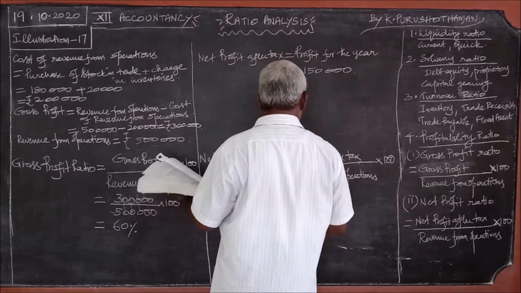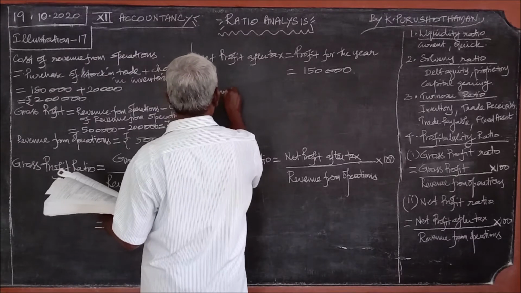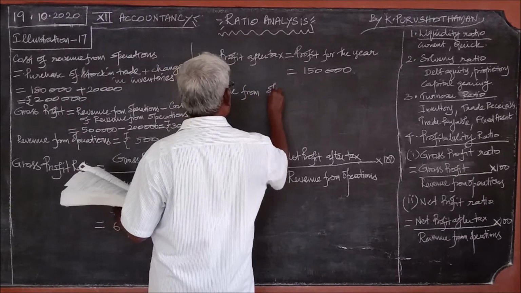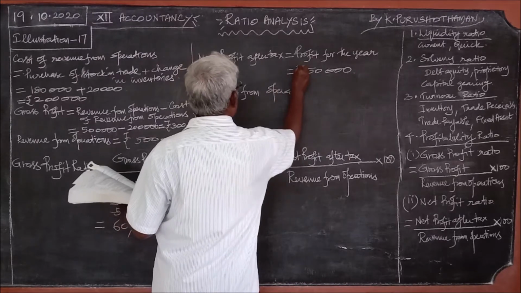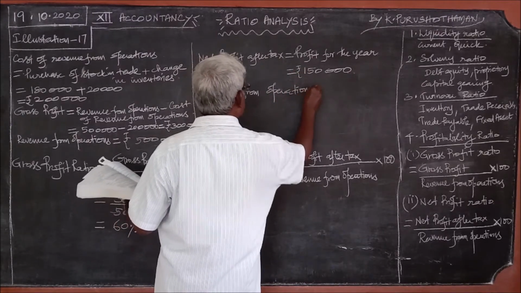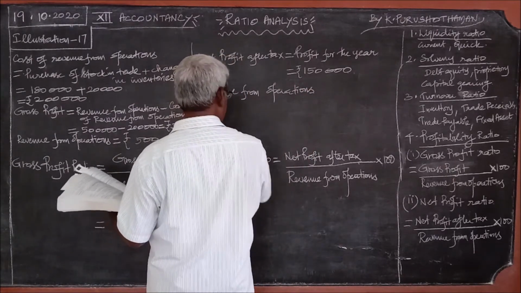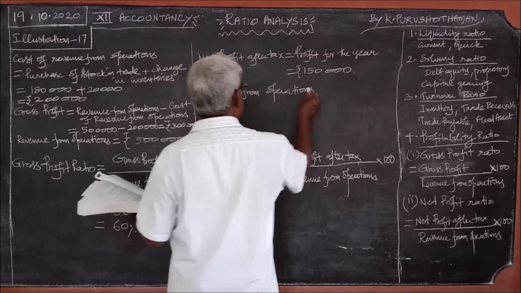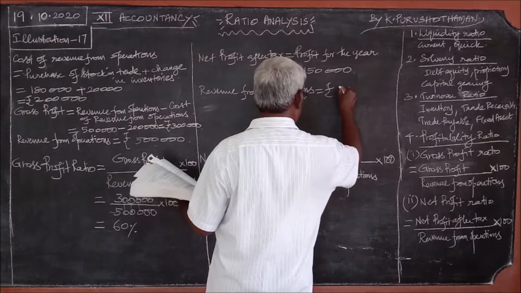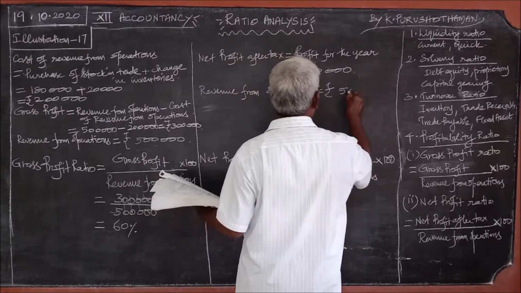Right. Then denominator, revenue from operations is equal to, we can write it here itself, the amount is 5 lakhs.